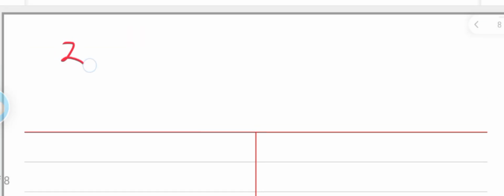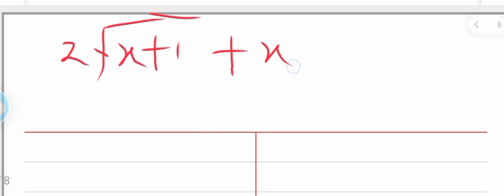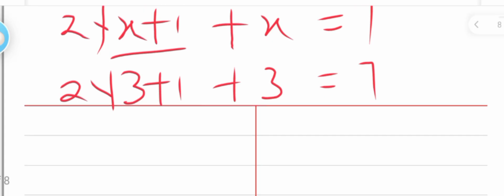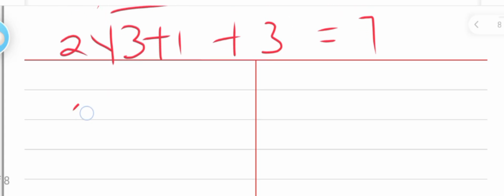So we have 2 root x plus 1 plus x to be equal to 7. And we said x is 3, so 2 root 3 plus 1 plus 3, and that's equal to 7.